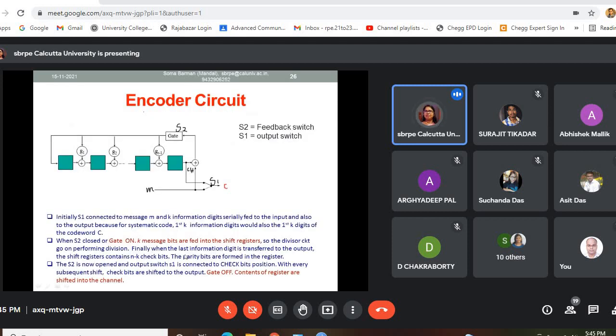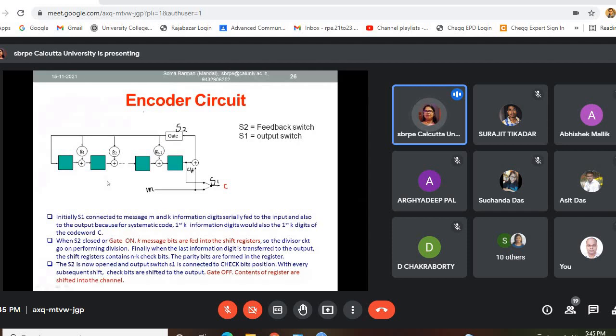This is not an example, I am just explaining how it is performed. An example will be shown. In this case we are considering the encoder circuit. I have already said that the division is a feedback connection.